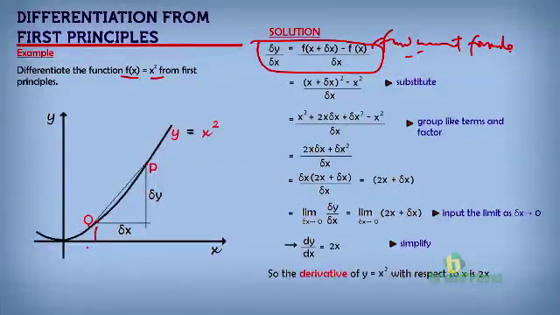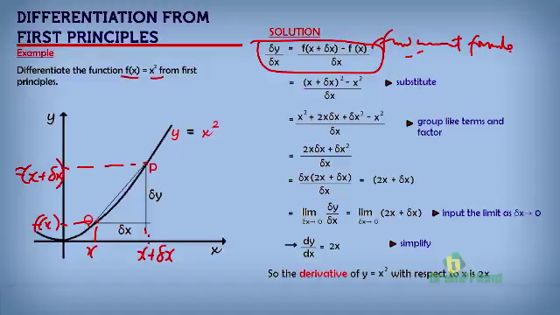So we have our value x here, while we have at this point x plus delta x. At this point, we have f of x. And at this point on our y-axis, we have f of x plus delta x.